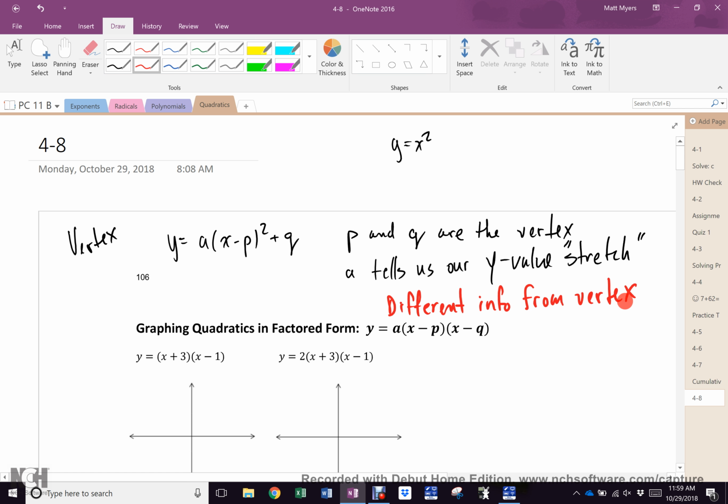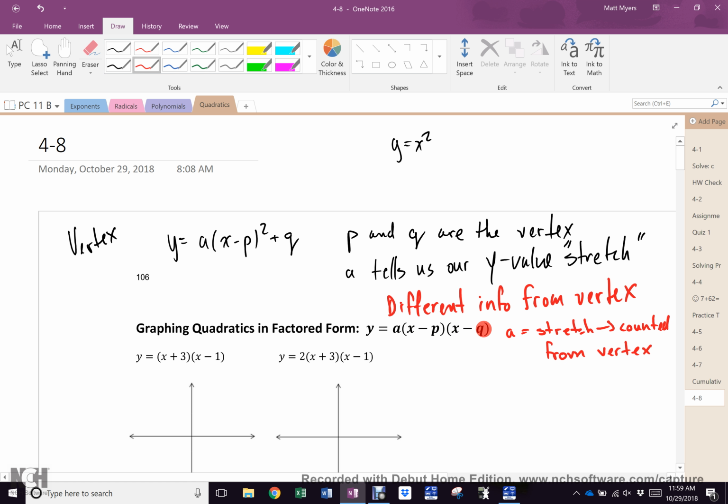All right? Everybody cool? So, in here, a is still the stretch, which is still counted from the vertex. But you will notice this does not give me a vertex.